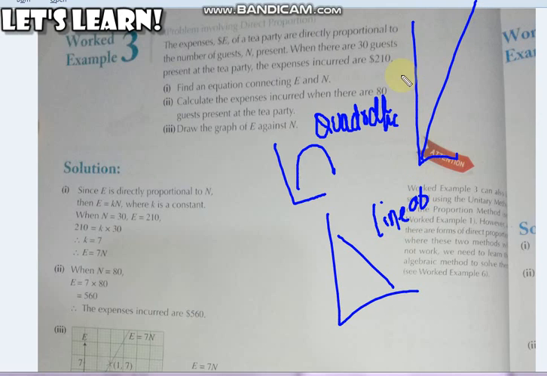The straight line tells us the relationship, that is a direct proportion relationship, because in direct proportion, when one thing increases, the other thing also increases. When one thing decreases, the other thing also decreases. If you see over here, when x-axis increases, the y-axis is also increasing. So this just proves to us the direct proportion over here.